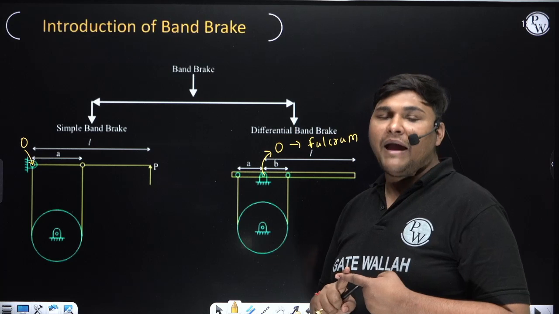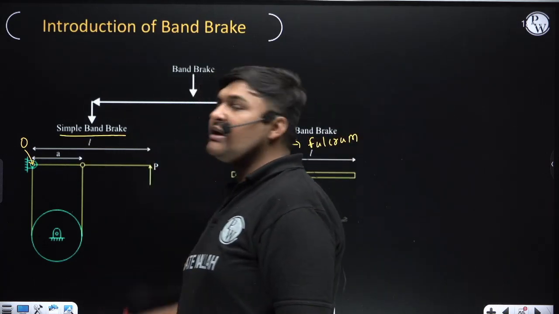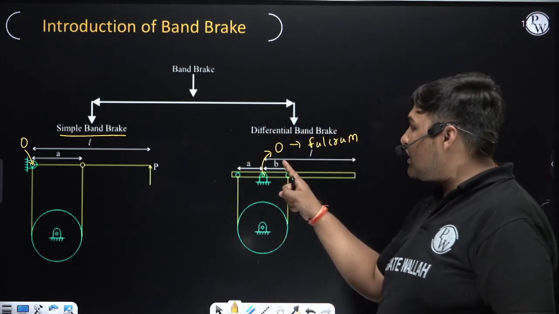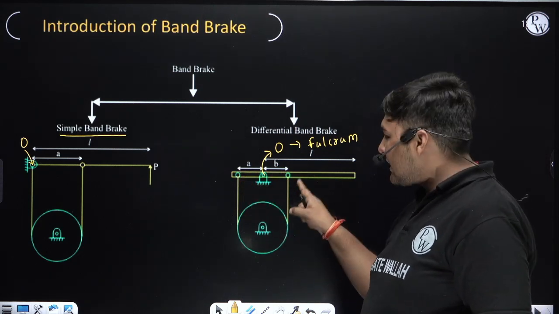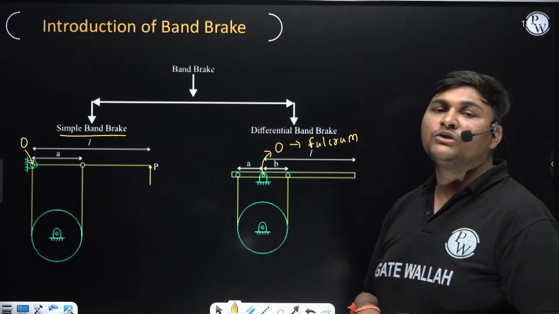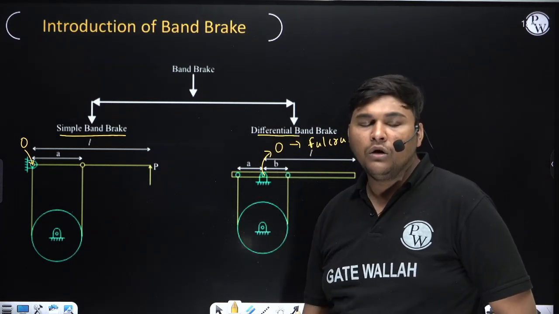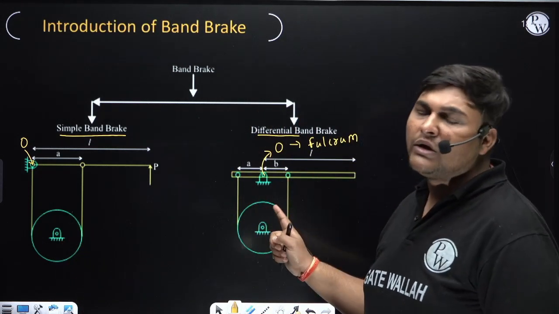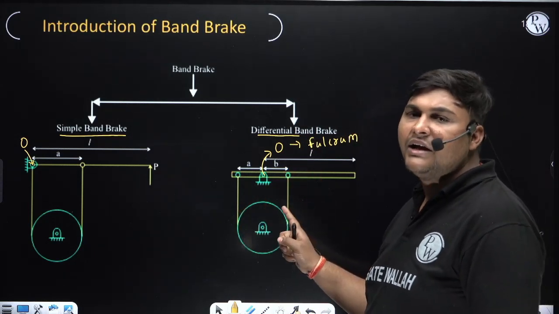If one side of the band is pivoted at the fulcrum, then that band brake is known as a simple band brake. If none of the sides is pivoted at the fulcrum, like in this case, where the left side is pivoted at a location that is not the fulcrum and the right side is also not at the fulcrum, then that brake is known as a differential band brake. First we'll discuss the analysis of the simple band brake, then the analysis of the differential band brake. I think you understood what a simple band brake and a differential band brake are.